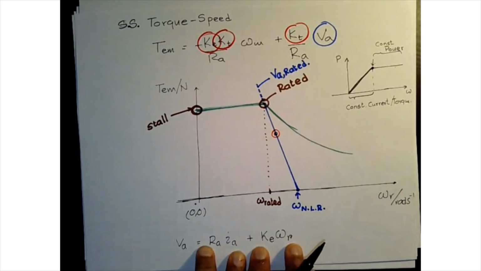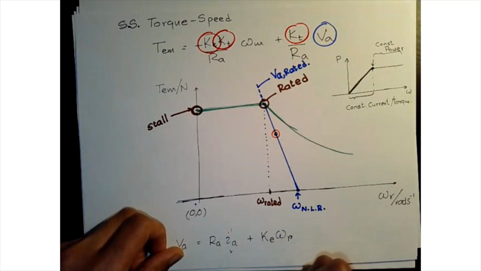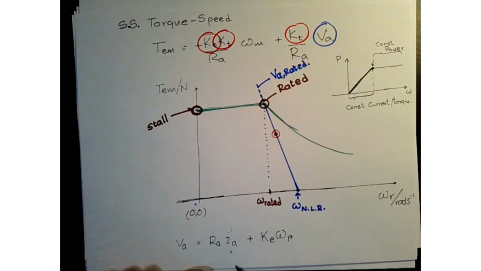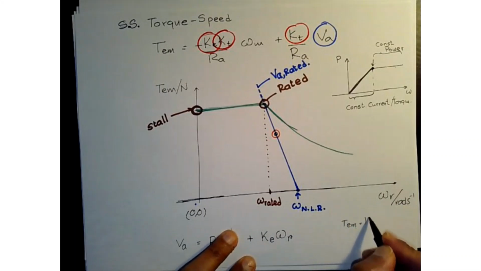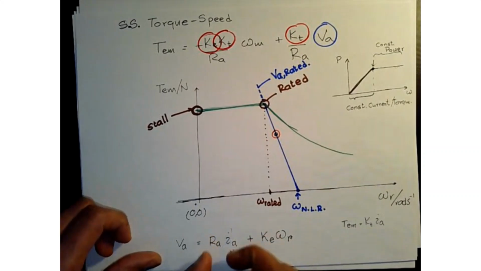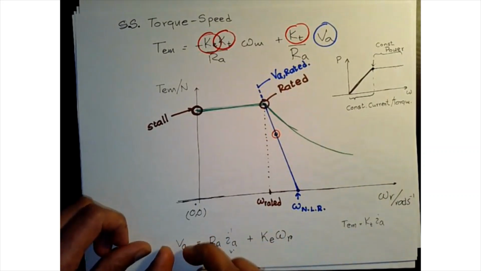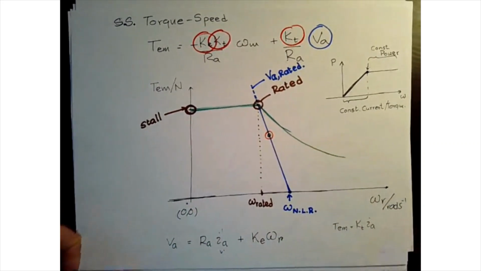You guys see that? By reducing the amount of current going into torque production, so TEM is KT IA, right? You are sacrificing your current, which will help us save some voltage. When you drop the current, you have more voltage left over to get to a higher speed. Do you guys see that?